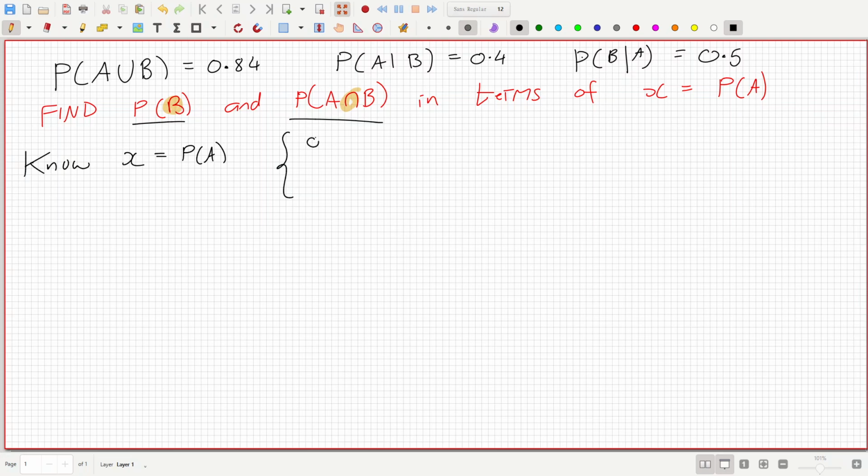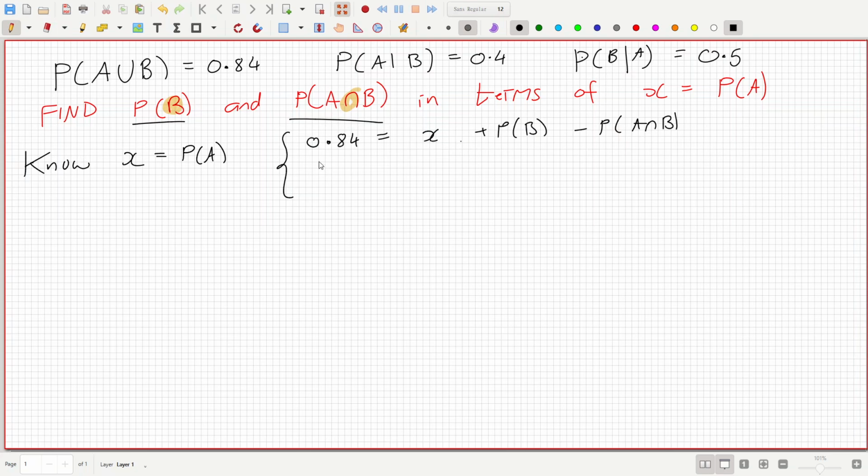So A union B can be written as A plus B minus the intersection. That's good because the intersection is the thing we want. And A, that's okay too because we want our answer to have A in it because we're calling it X.